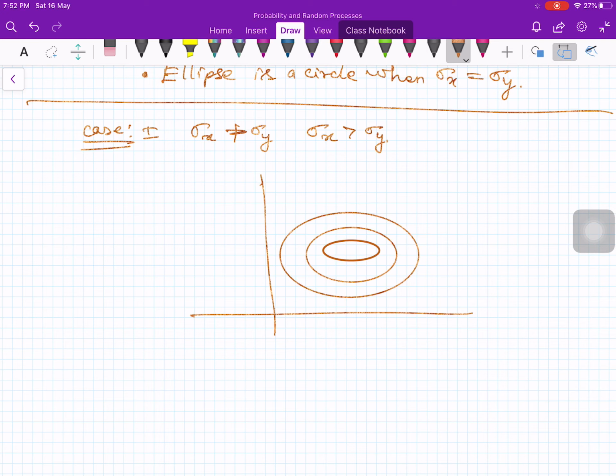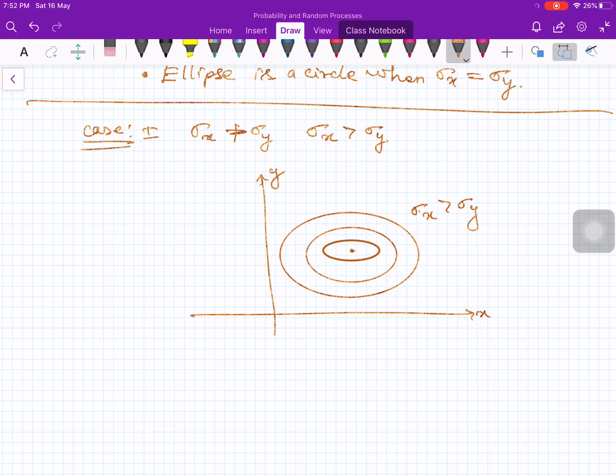Okay, different ellipses. The center point is mu x and mu y. So here sigma x is greater than sigma y. By the way, this is the x axis and this is the y axis.